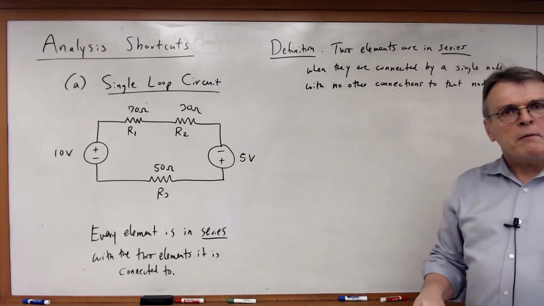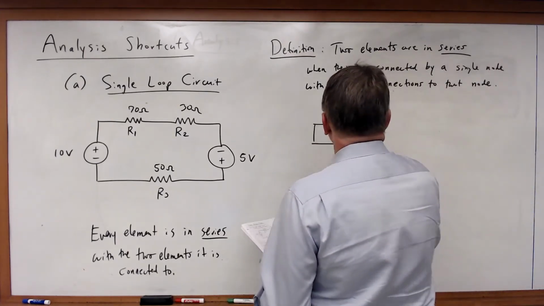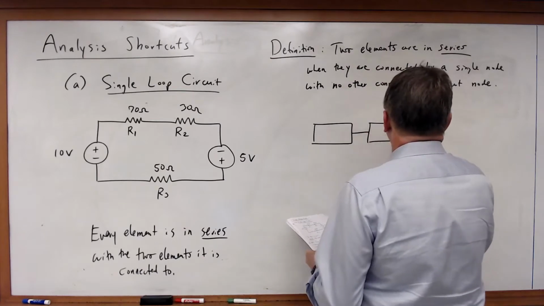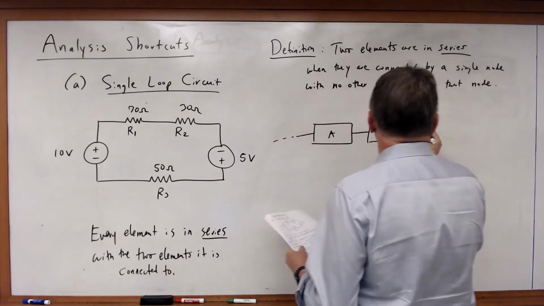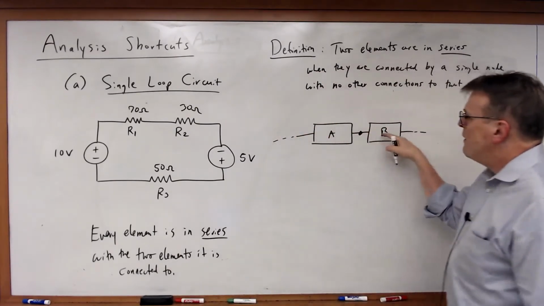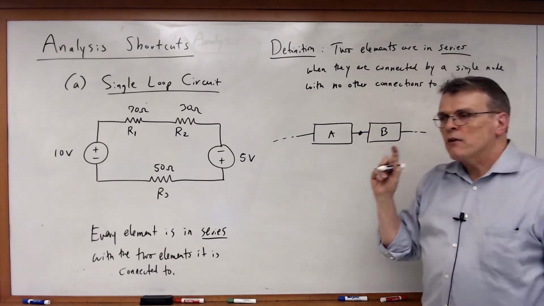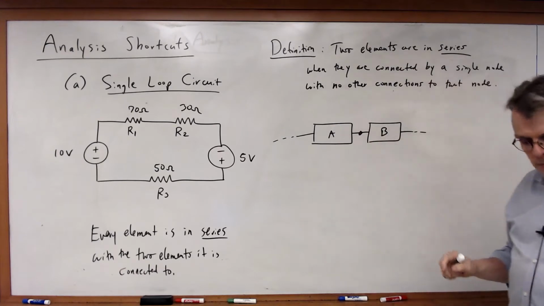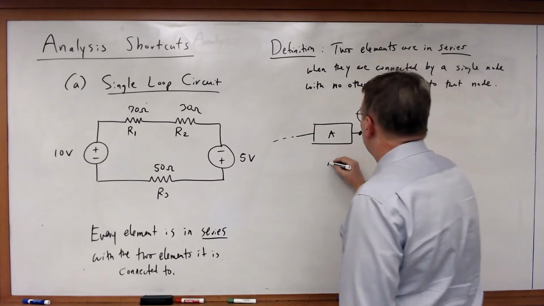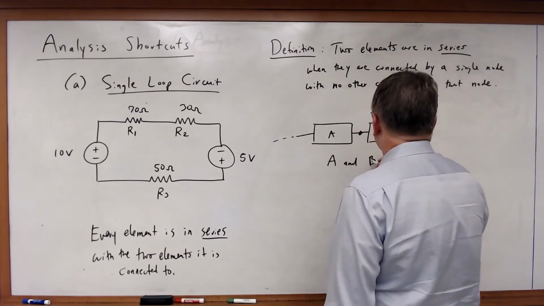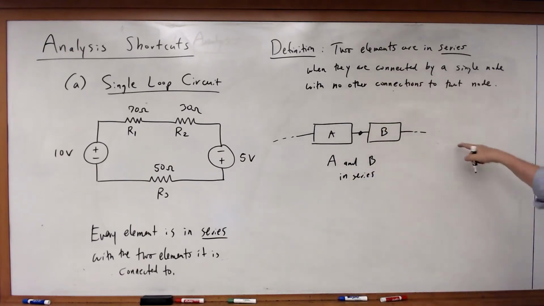So let me draw a couple of diagrams, a couple of examples here. I've got two elements, A and B. And they are connected together by a node, and there's nothing else connected to that node. Those two elements are in series. Now, by contrast, what if I drew this?